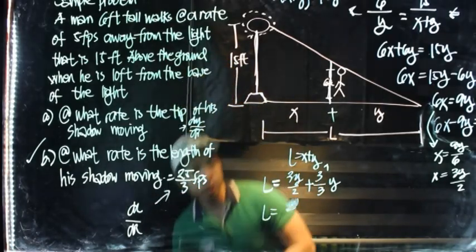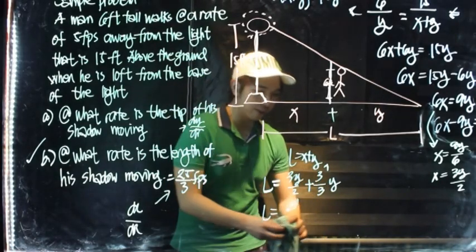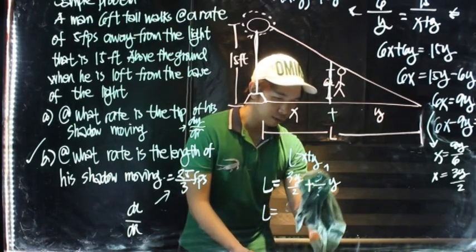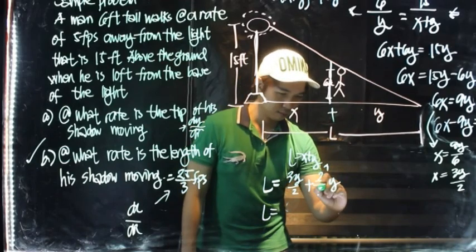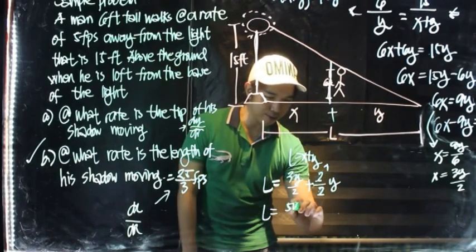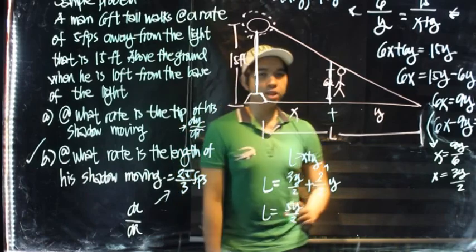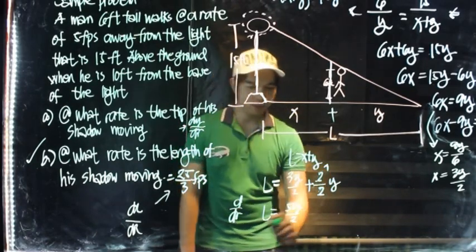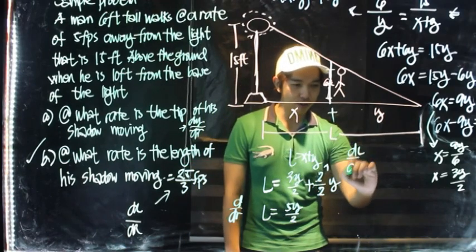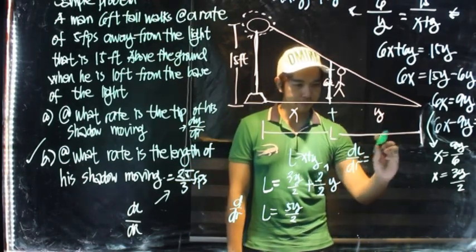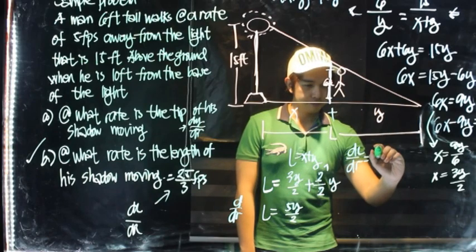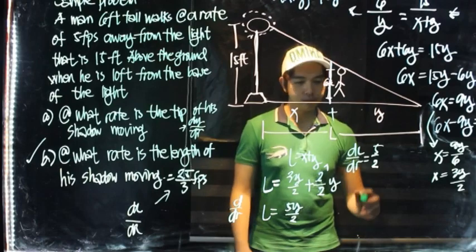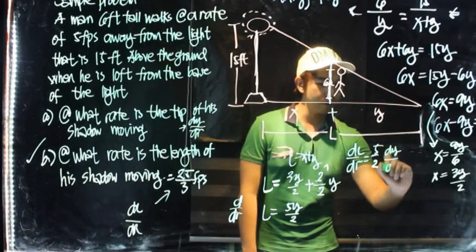Sorry, this should be 2 over 2 instead of 3 over 3. Simplifying this, we have 5y over 2, and that will be our L. Finding the derivative with respect to r, we have dl over dr equal to 5 halves times the derivative of y with respect to r, which is simply 1, then we have dy over dr.